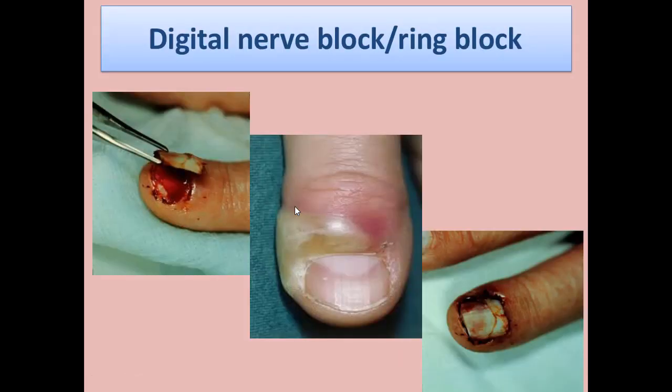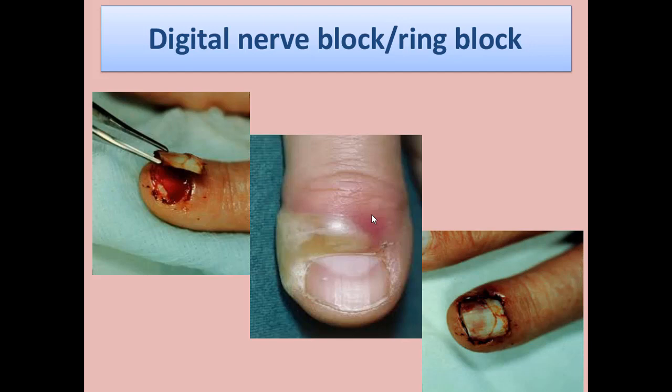Okay, we can also use local anesthetic for digital nerve block. For example, if some patient has paronychia. Okay, paronychia means there is infection around the nail bed. Okay, so if we have to drain this abscess, if I put in infiltration here, it will be severely painful because already it's inflamed.